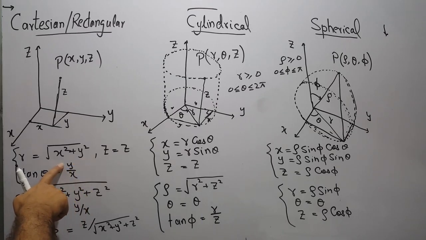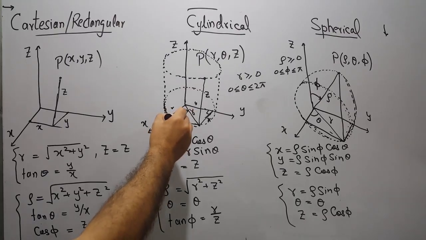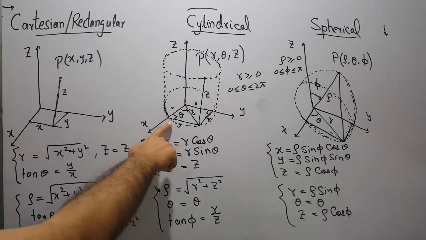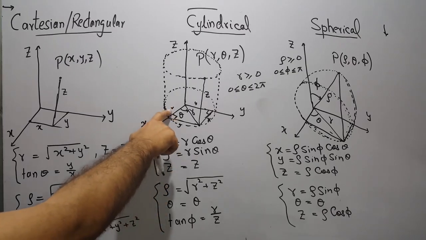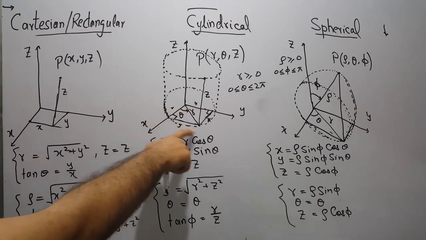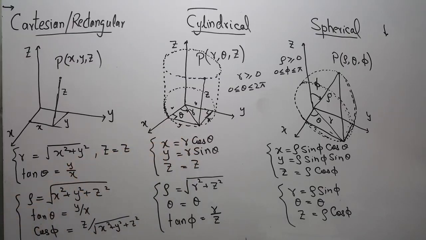The base is y and the perpendicular is x. So this is making an angle of 90, right? And this is the base, and this is the perpendicular. So tangent theta is equal to perpendicular over base.